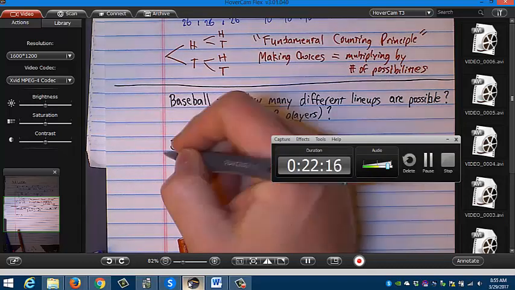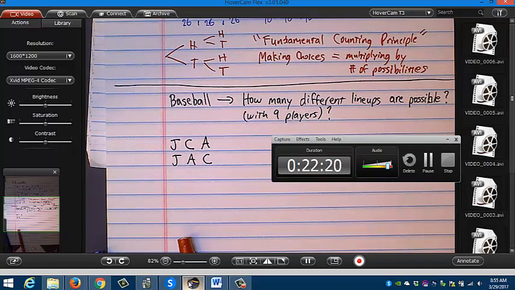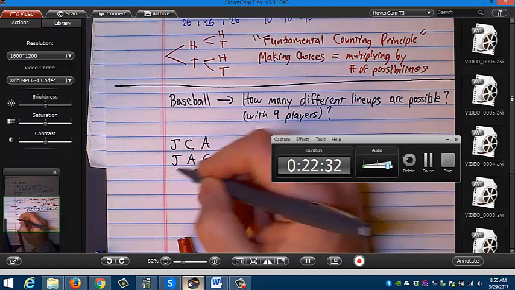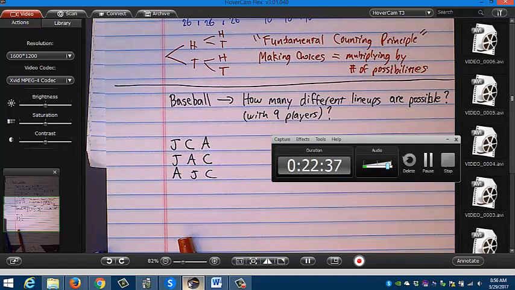So there's another one. We have J, A, C. Are there any other possible ways? Tell me what we have, guys. What's this one? AJC, I agree. And then, are there any other possibilities?